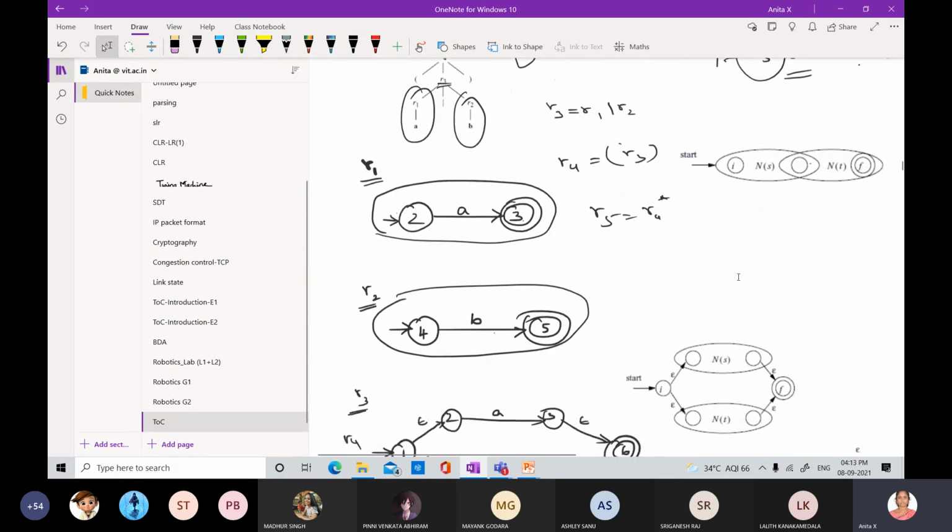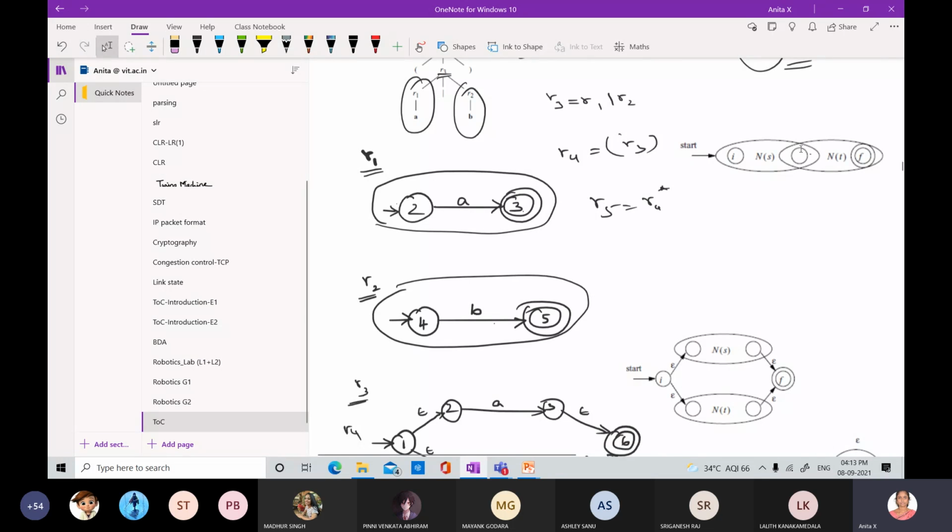What should I do? I should proceed with merging the final state of N(S) and the start state of N(T). Accordingly, you have to update the start and final states. Here we are just merging the final state of N(S) and the start state of N(T).